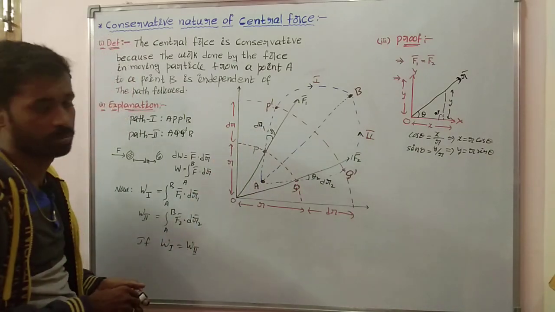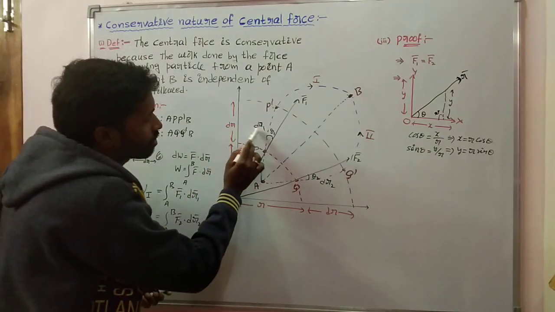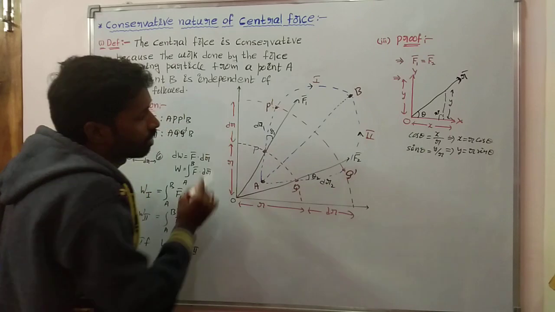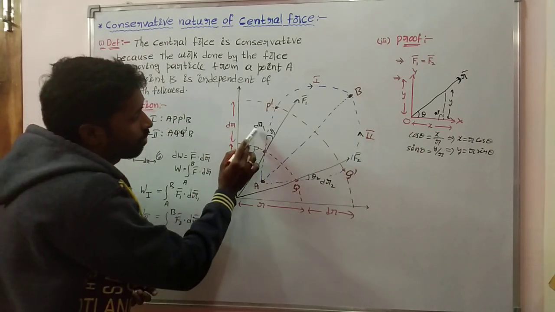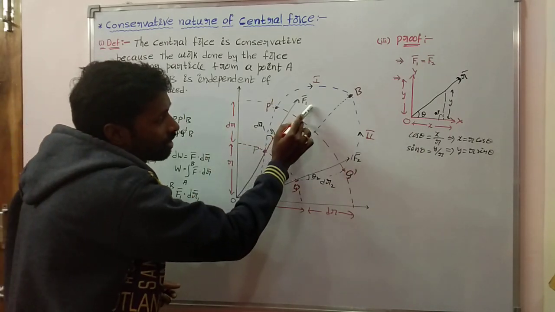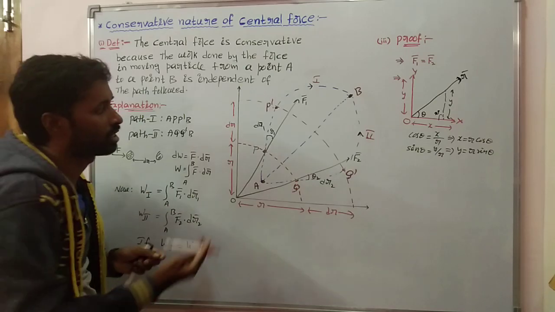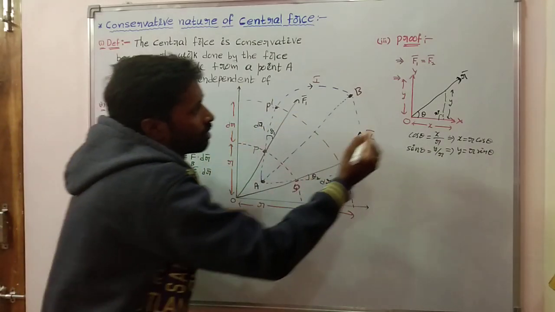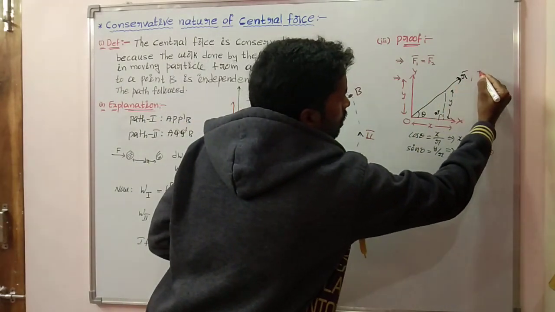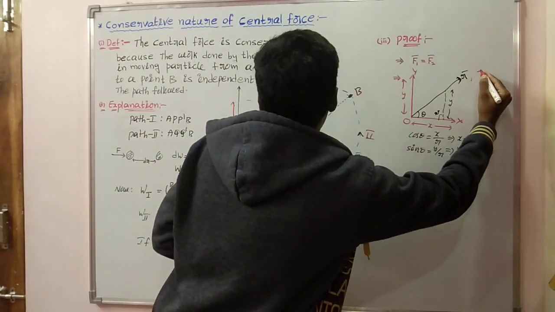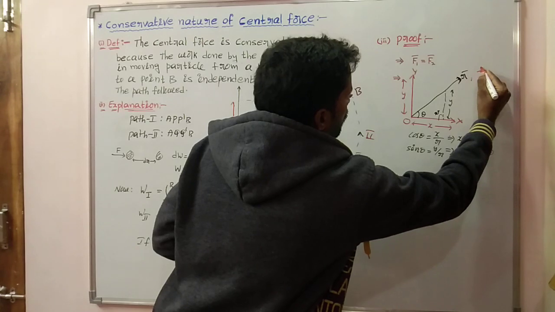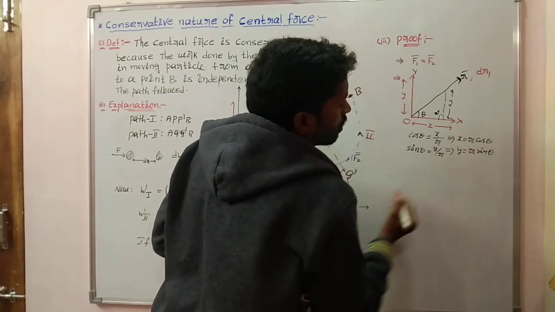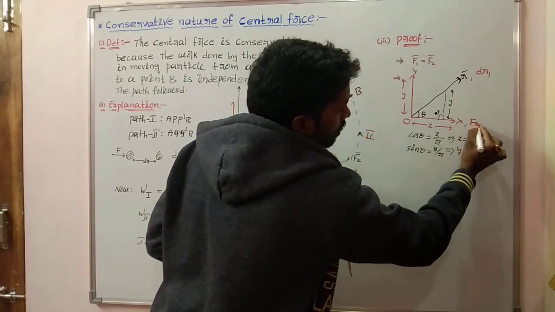See this diagram. What is the projection of dr1 on F1? Here this is dr1, and this is F1.